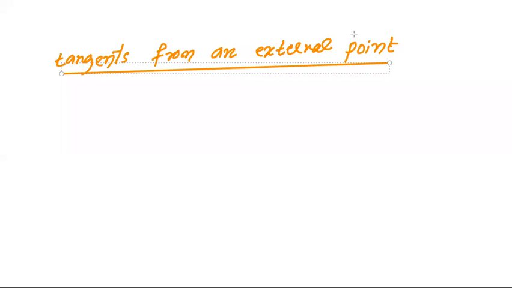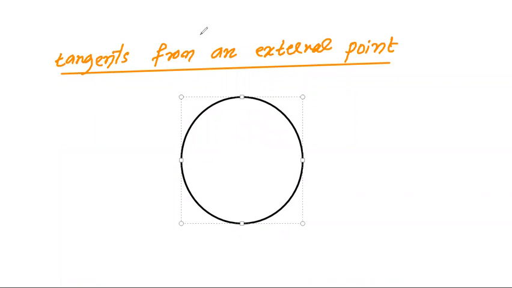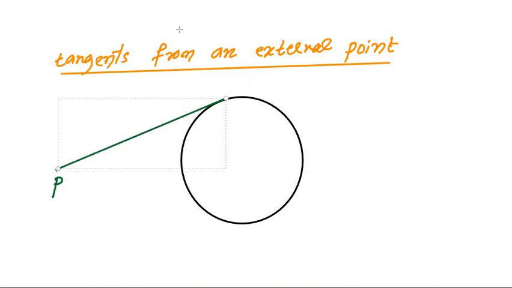Now we are discussing the topic of tangents from an external point. All of you listen here. I'm having a circle. There is an external point, that will be P. So P is an external point to the circle. You can see that from point P, you can construct a tangent PA towards a circle.